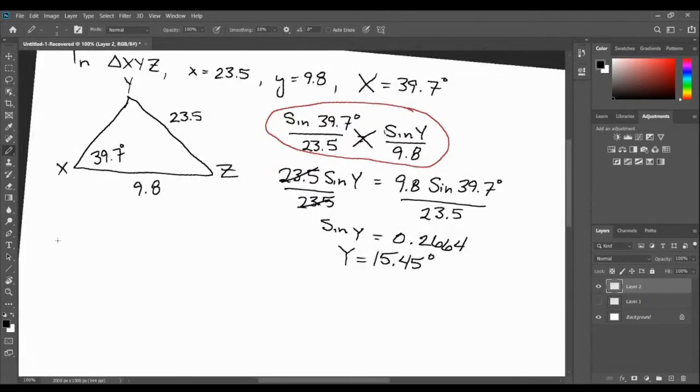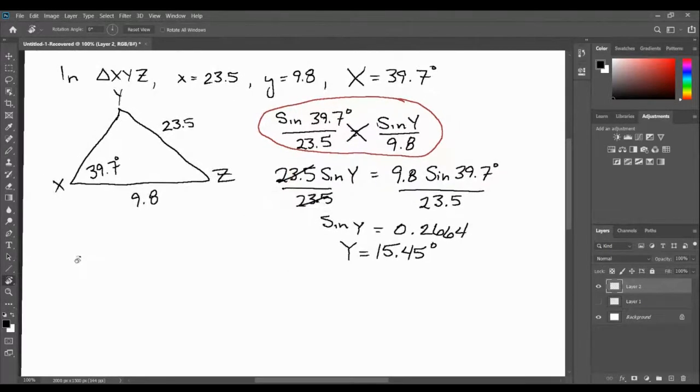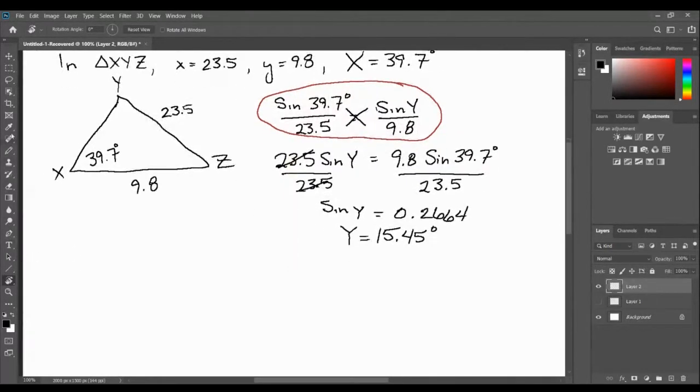Now, I don't know why it keeps jumping that way. I need to fix that somehow. I will. So the question is now, do I need to use the supplement of this? What is the supplement of 15.45 degrees? Let's see, 180 minus 15.45 is 164.55.